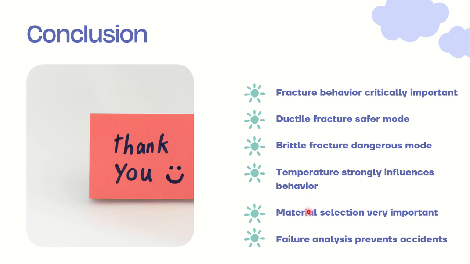Material selection is very important for suitable applications. If we need a brittle manner, we go for brittle materials. If we need a ductile material, we go for ductile materials. Failure analysis prevents accidents.